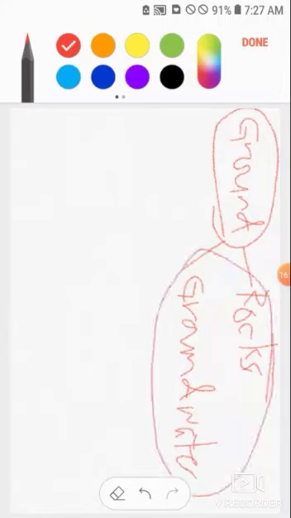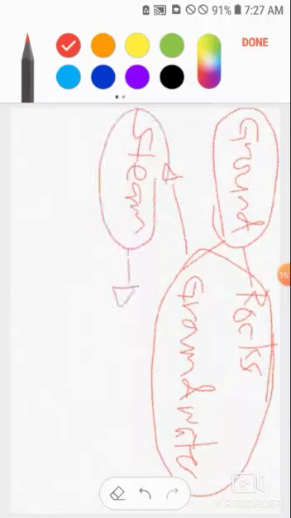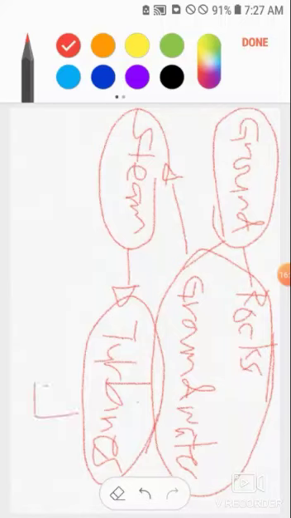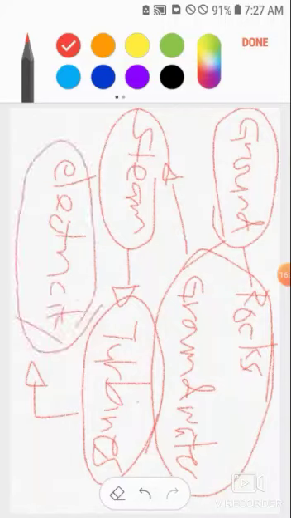So the energy absorbed by the rocks and groundwater will be converted to steam to empower turbines. So with that, electricity will be generated. So that is how a geothermal power plant manifests the energy coming from the Earth's surface.